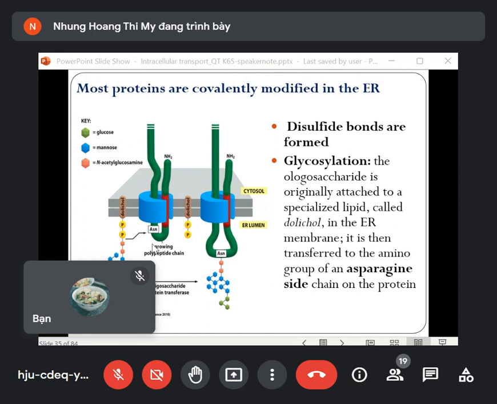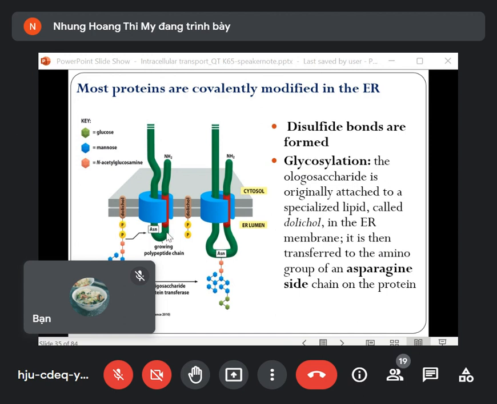The glycosylation is taken by the addition of branched oligosaccharide side chains, and each oligosaccharide side chain is transferred as an intact unit to the asparagine amino acid from a lipid molecule called dolichol. You can imagine that the dolichol is attached to a branched oligosaccharide group ready on the ER membrane.